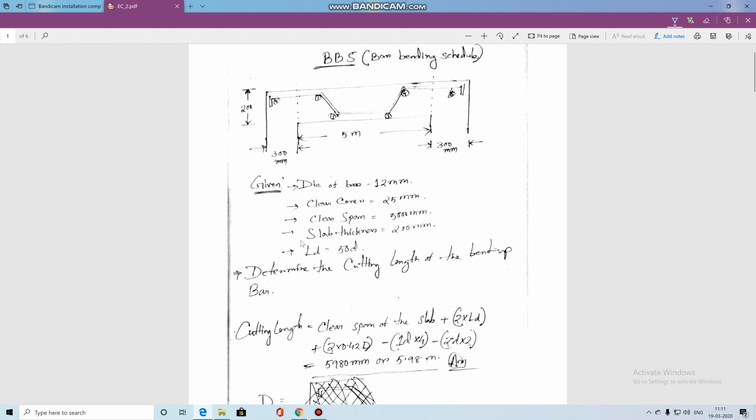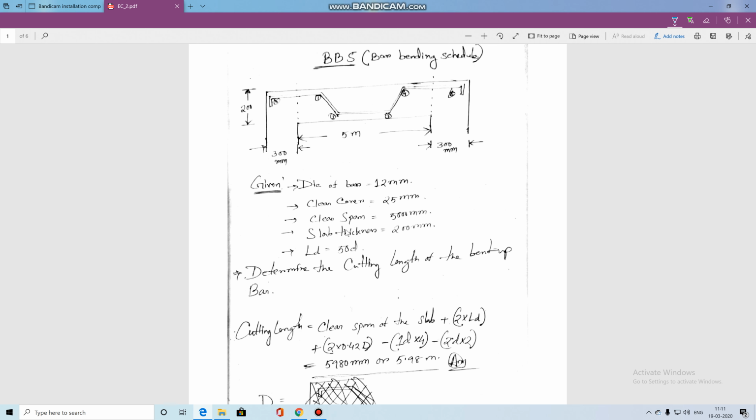Now I am going into the detail of the given data in this particular problem. The diameter of the bar is 12 mm, clear cover 25 mm, clear span 5000 mm, that means 5 meter. You can see the distance from the inside of the support to the other inside of the support. Slab thickness is 200 mm. LD is the development length.